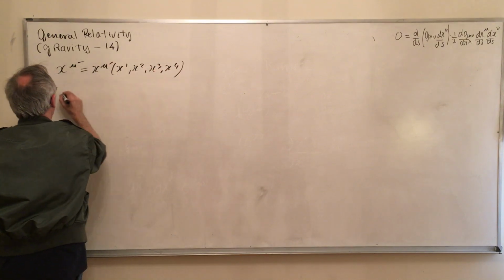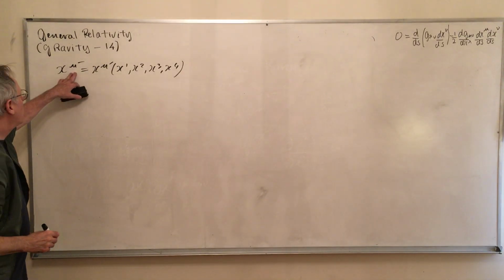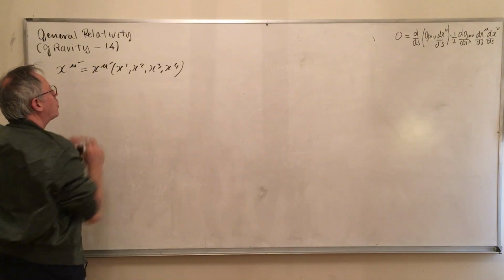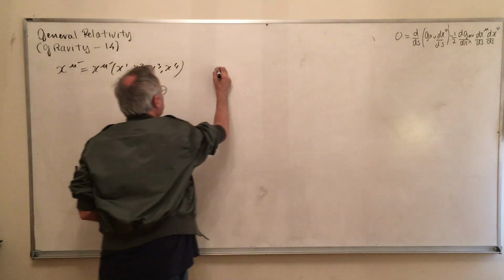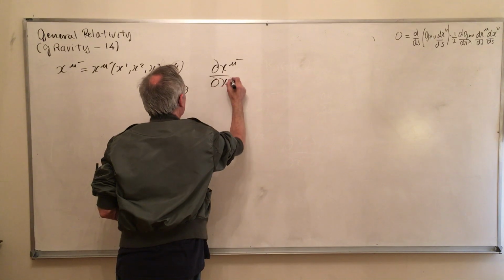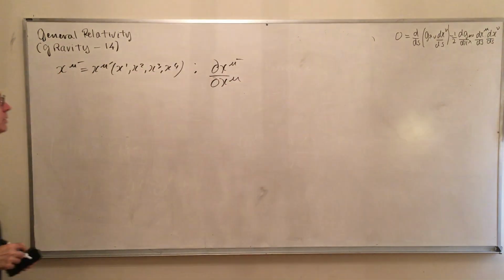Now we consider a set of transformations. The new coordinates are going to be functions of the old coordinates, and that's what we're using all the time. And we use that kind of a derivative.